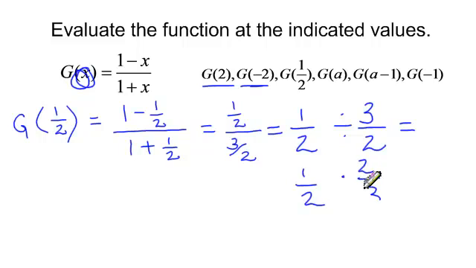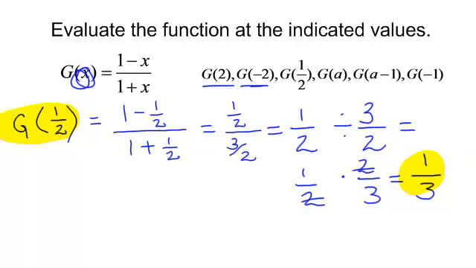So I will have 1/2. Instead of divide, I'm going to change the sign, so that would be multiply. And the reciprocal of 3 over 2 is 2 over 3. The 2's will cancel out. Multiply straight across, I will get 1/3. So g at 1/2 is equal to 1/3.